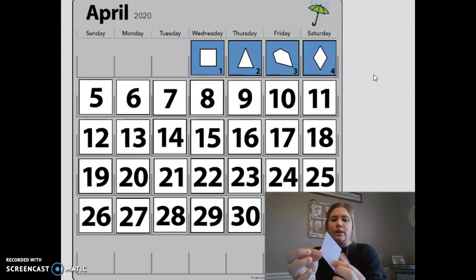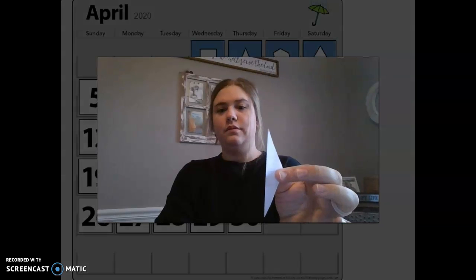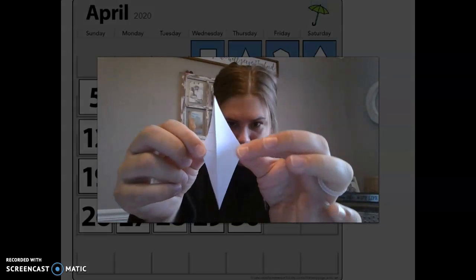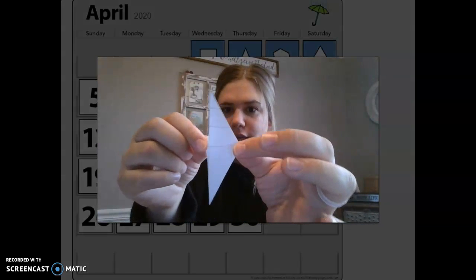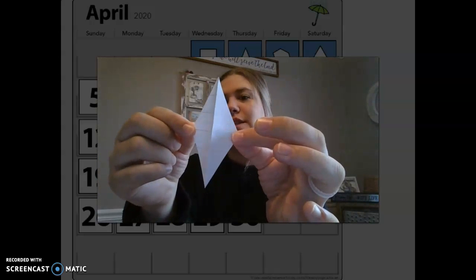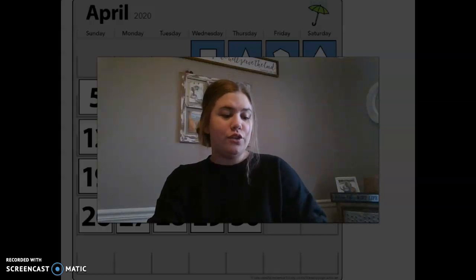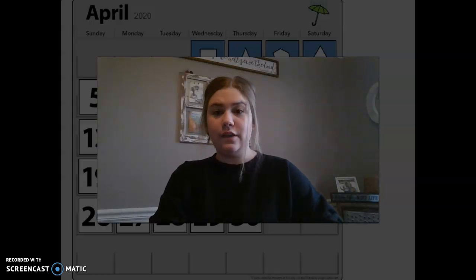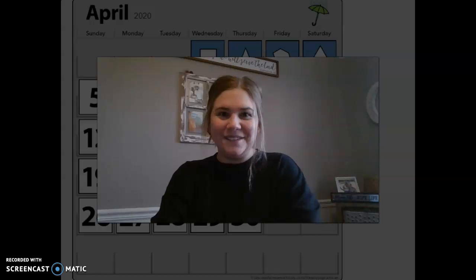So let's see if this one is congruent on both sides. And look at that. This one is congruent on both sides. Do you see how it is equal on side A and side B? So that means that it is congruent. So let's head over to our calendar grid observations and we'll plug those in.